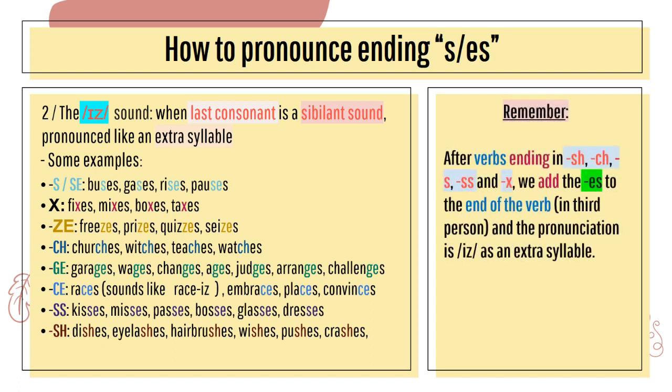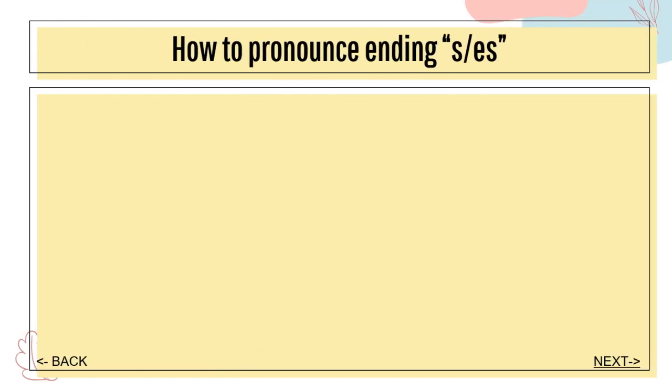And also, please remember that after verbs ending in sh, s, and z, we add es to the end of the verb in the third person, and the pronunciation is as an extra syllable.